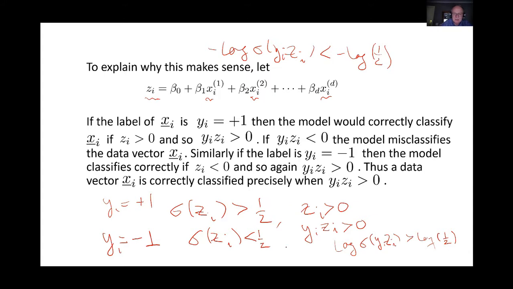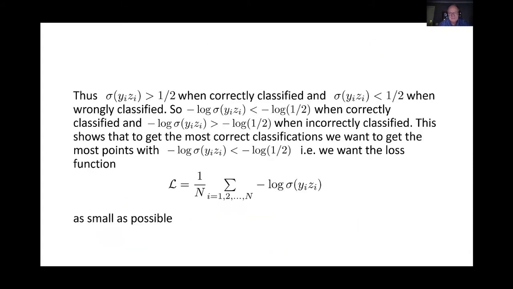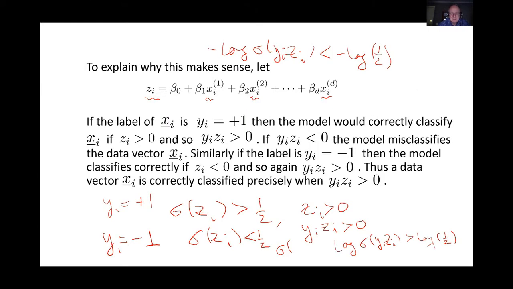We want zi to be less than 0. But that means that yi times zi should be positive.